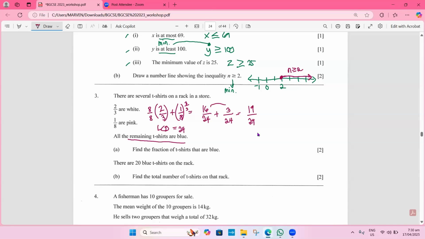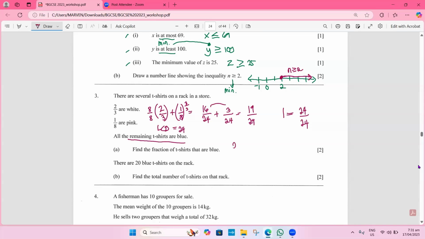It is the remaining number of t-shirts. So the total number of t-shirts, we can represent it as 1, okay? And that is equivalent to 24 over 24. So we use the denominator to express 1 as a fraction. It is 24 over 24.